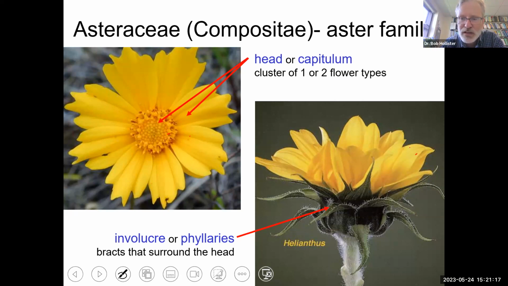A normal person would say, oh, there's petals and sepals. No, because each one of these is a flower, so each one of these has its own sepal. This is technically a big petal, just one of the petals of one of those little guys. So these aren't sepals, they're an involucre, or phyllaries is commonly used.